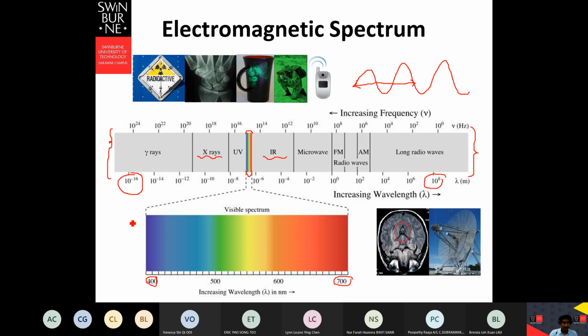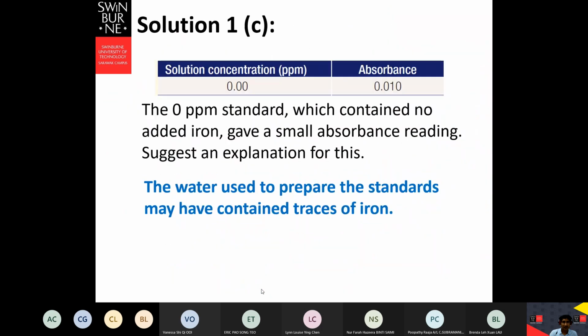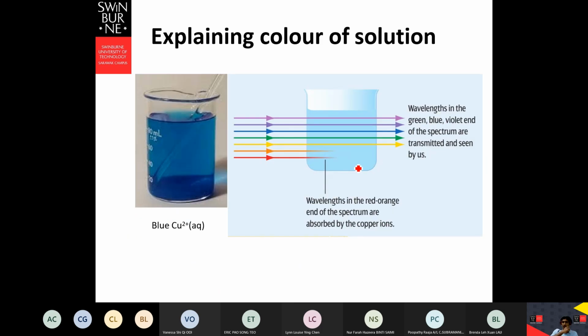Violet, blue, green, yellow, red, all within these 300 nanometers. So when we see a blue copper(II) ion solution in a beaker, it is blue because it is absorbing a certain wavelength of light, and the rest of the light is not absorbed by the solution, and that is why we are seeing the color blue.